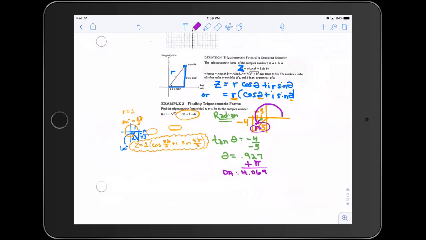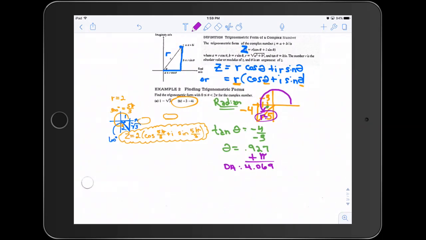And I'm going to shrink this so I can finish it up. So z is equal to the radius, and just for fun, just to shake it up a bit, I'm going to use the first one now, just to show you it really doesn't make a difference. So z equals 5 times cosine of 4.069 plus the radius, and if you write radius i, that's fine as well.